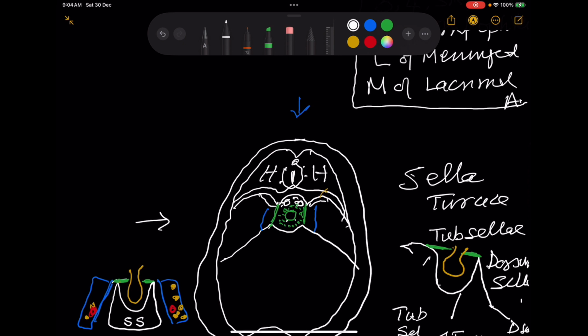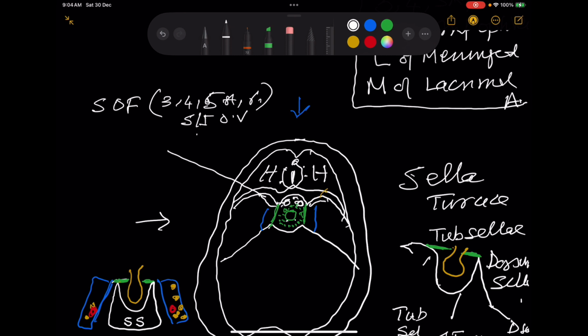Now, we have already covered the superior orbital fissure, by saying that it passes the third, fourth, fifth A, sixth nerve, superior and inferior ophthalmic veins, and lacrimal branch of meningeal and meningeal branch of lacrimal arteries.